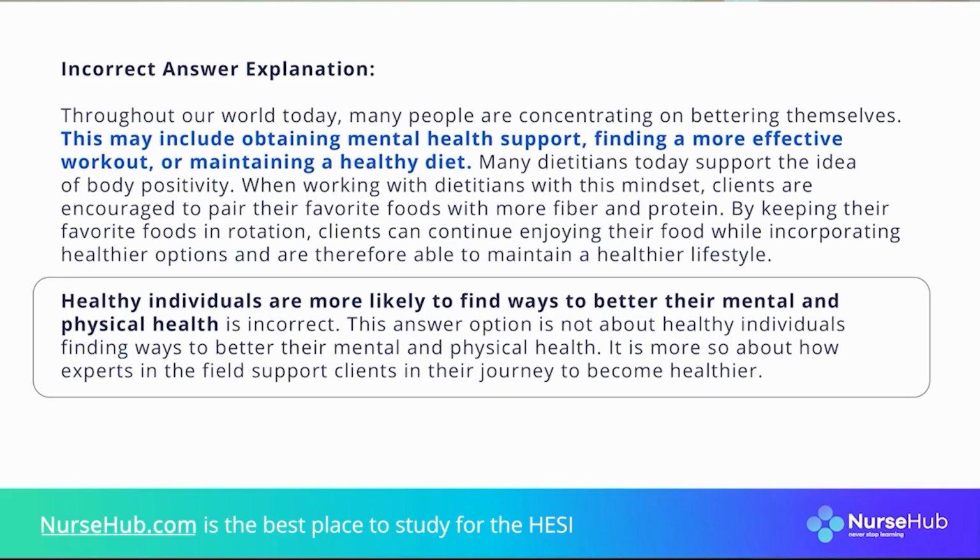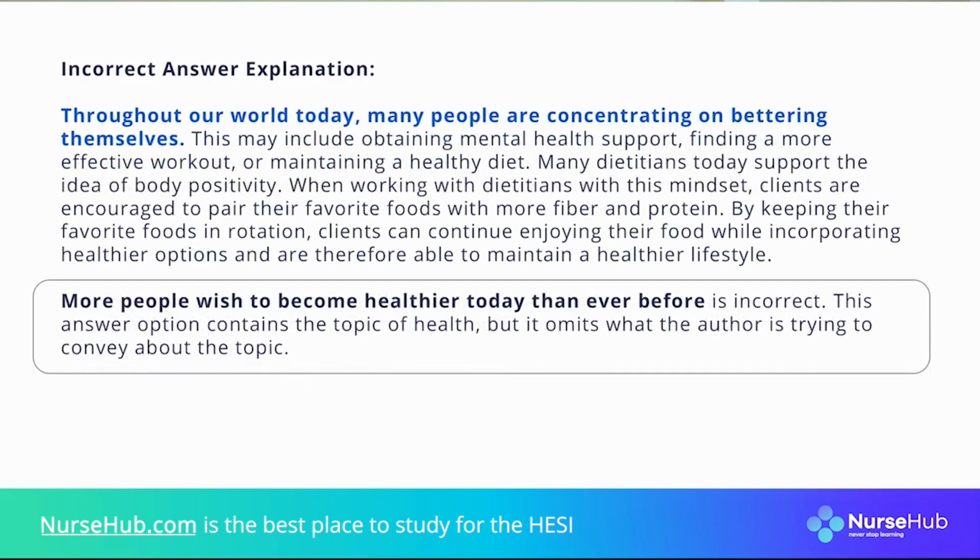So there is a piece highlighted on your screen here that reads, this may include obtaining mental health support and finding more effective workouts and healthier diet. So mental and physical health are mentioned, but it's not the big idea of the paragraph. It's actually a hook or an introductory statement here, and it's really intended for you to preview the information about the topic.